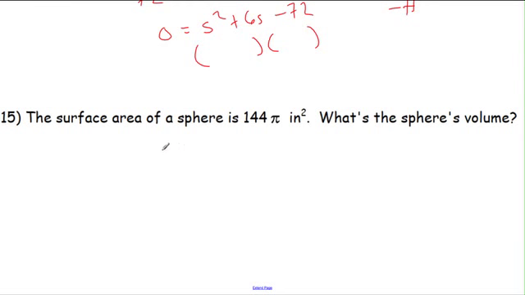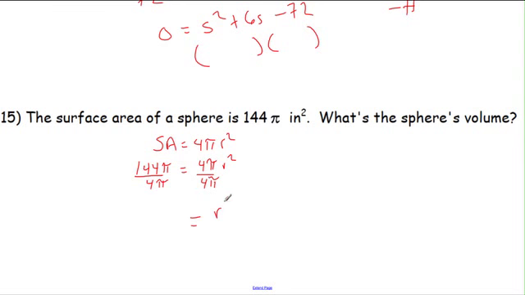Down here, surface area of a sphere. I always start by writing out the formula. It's just too easy not to, and it cuts down on mistakes tenfold, I guarantee you. So then I go back and I put in what I know. Then I go back and I divide what I know. Okay?